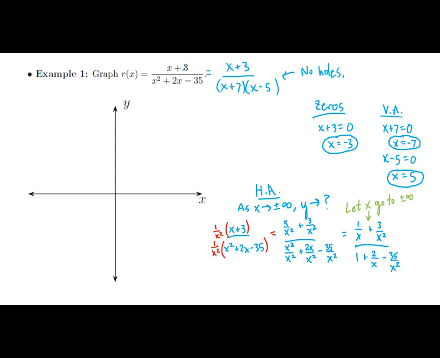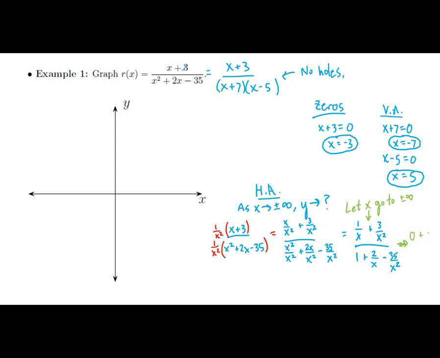Okay? If we do that, then imagine plugging a really big number in for x, like 1,000. Would you agree that 1 over 1,000 is pretty close to 0? So what we would say is that this first term, basically, I'm going to use a little arrow here to indicate, let x go to plus or minus infinity, then what's this whole thing going to do? That first term's going to go to 0.